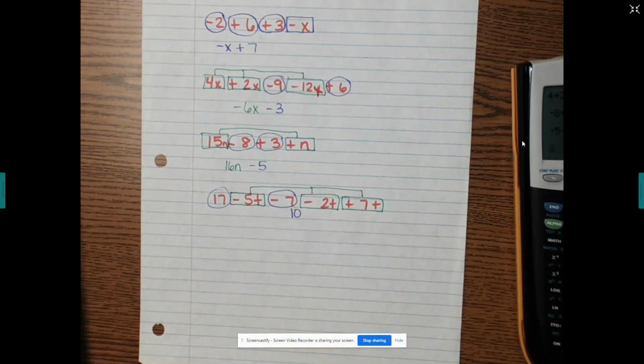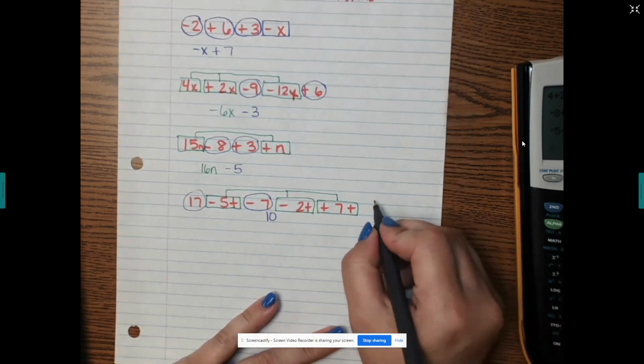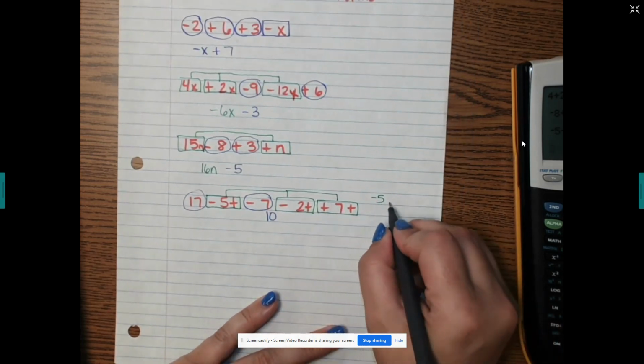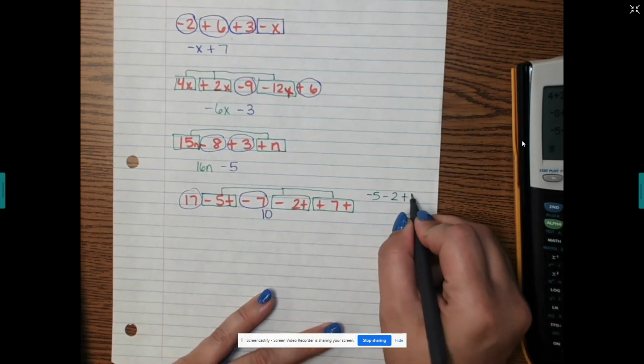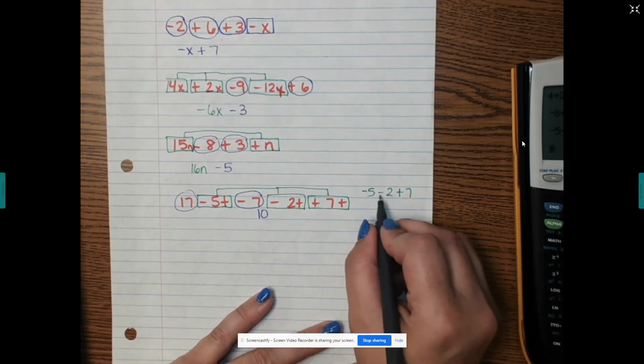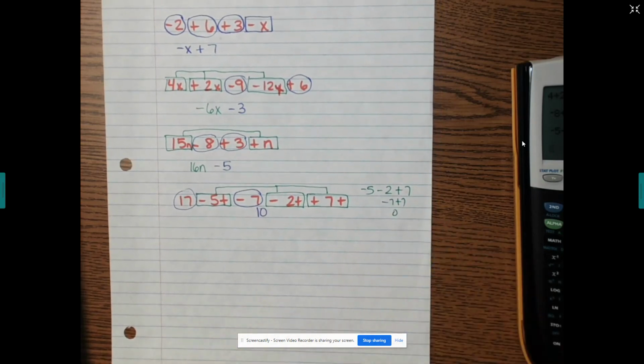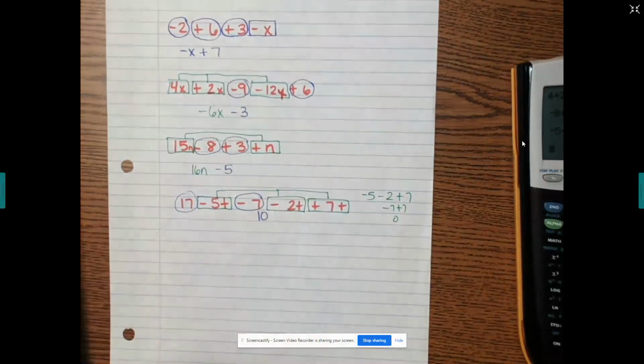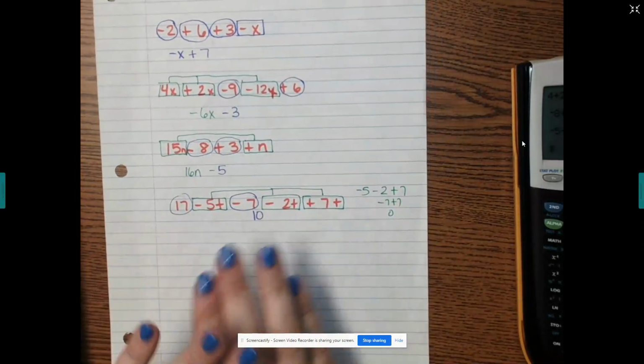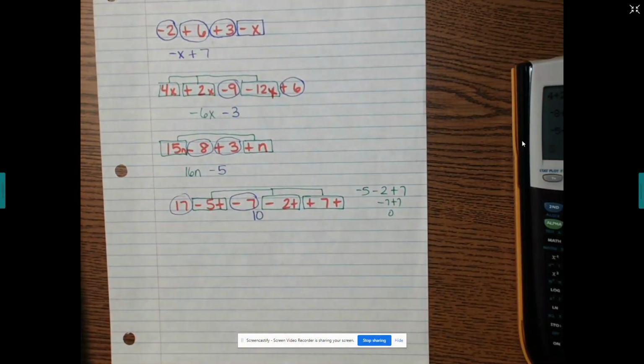Okay, so again, if you're not sure why, negative 5 minus 2 plus 7, this is negative 7 plus 7, that equals 0. That's why I don't have a t anymore. Okay, go step by step, circle your plain numbers, put a box around your variables, and that's all we're doing.